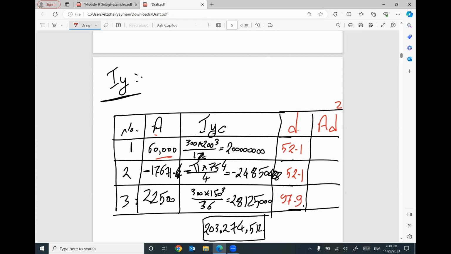Go ahead and multiply this area by this distance squared. So 60,000 times 52.1 squared. I got 162,864,600. This area will be negative.